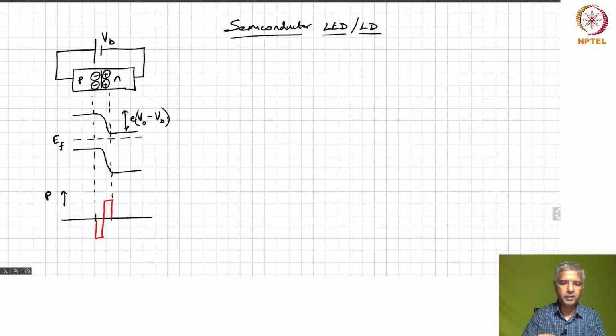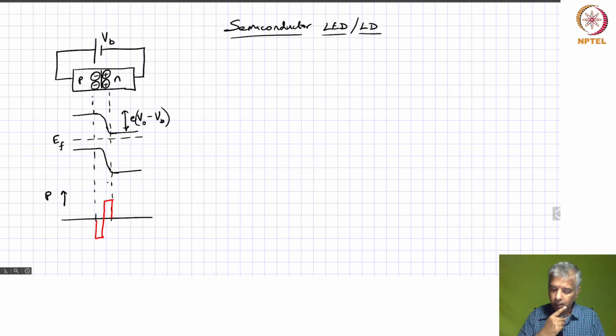When that is reduced, you have these carriers injected: the electrons injected from the N side into the P side, and similarly holes injected from the P side onto the N side, and that actually allows the recombination of these carriers.